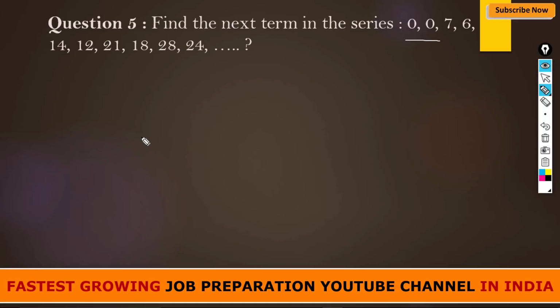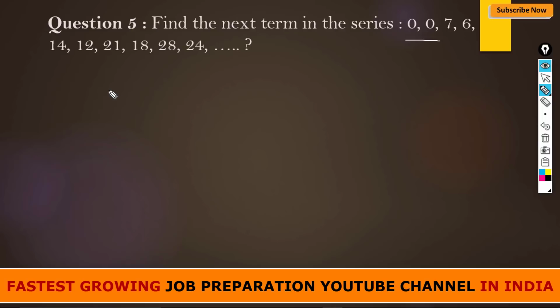That time there will be a mix series, but even then, if it is ascending to descending, it should follow a simpler pattern. But if you see this series, it has a mixture of values. Some values are more, some values are less. So here, of course, there is a mixture of two series.